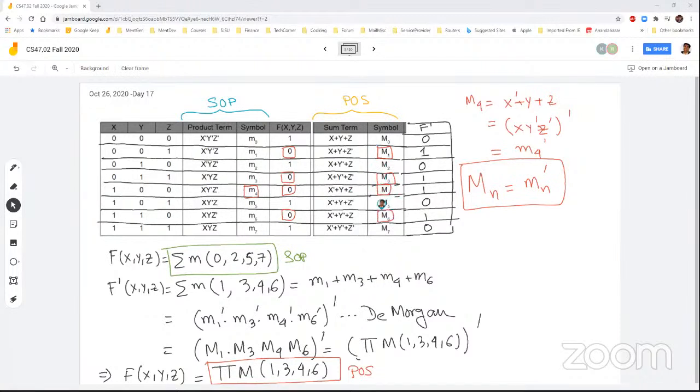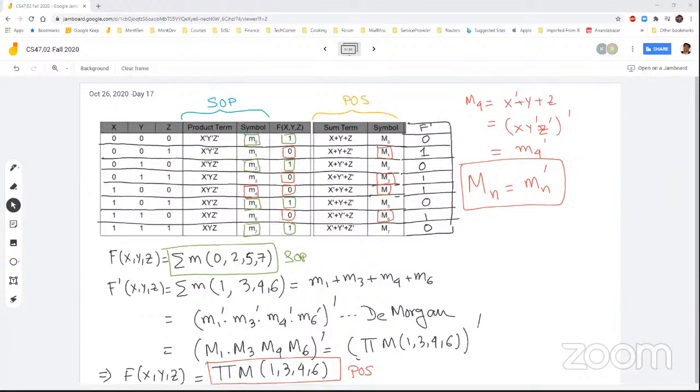Whereas if it is SOP, then I will pick up rows with function value 1, and I'll pick up the corresponding min terms to write my SOP.